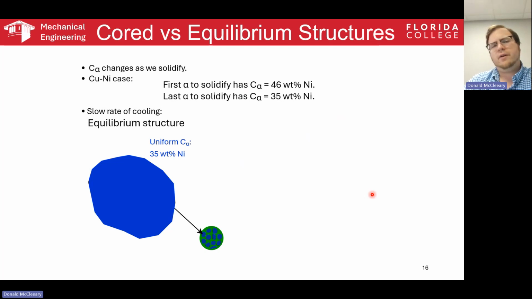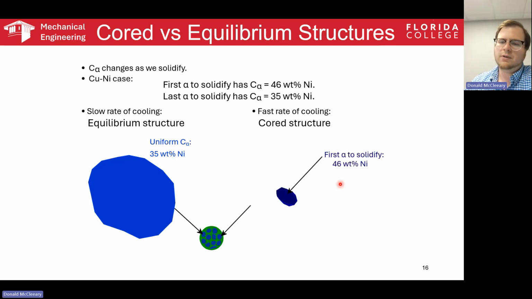So you do end up having what's referred to as cored versus equilibrium structures. If you have a really slow rate of cooling, then you get an equilibrium structure. So you get a nice uniform concentration blob of material that is pretty similar. But if you have a really fast rate of cooling, you end up getting a cored structure.